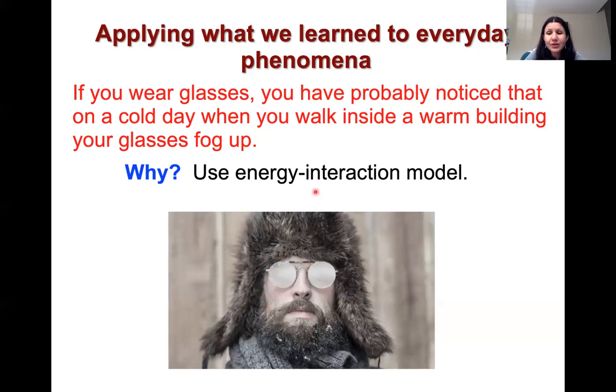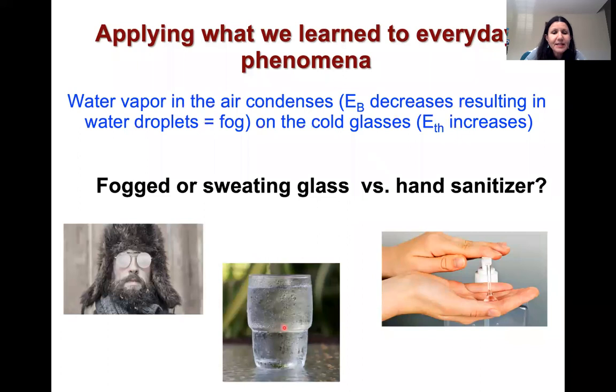So thermal energy goes up, bond energy of the steam or water vapor goes down, which creates liquid particles on the glasses. It's the same idea of why it feels like, on a hot day, your cold drink is leaking water. The water is not leaking, it's not escaping. That water is not coming from the glass itself, it's coming from the air.